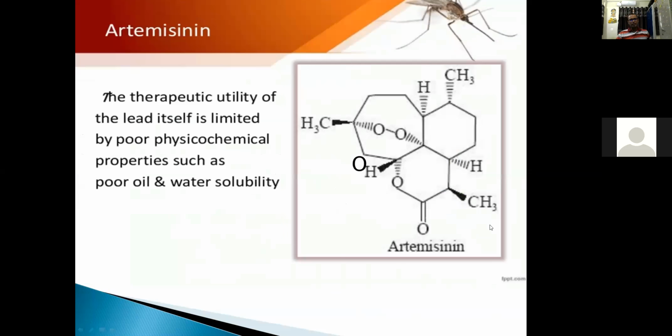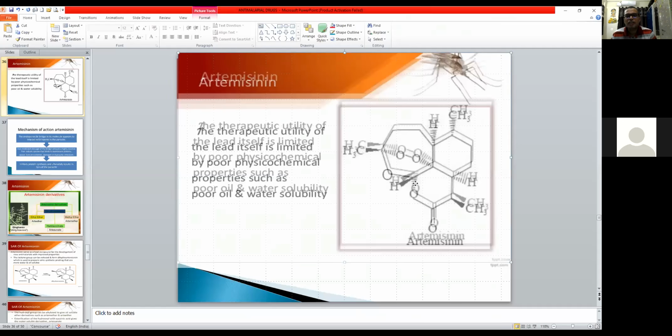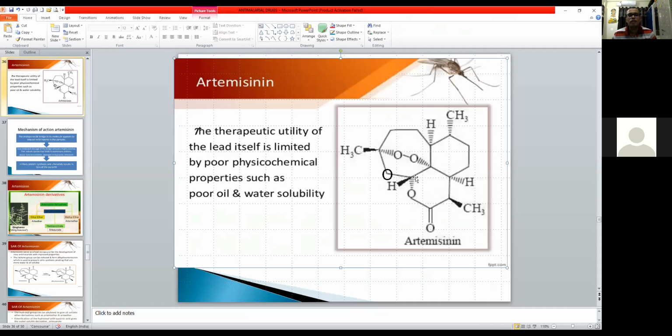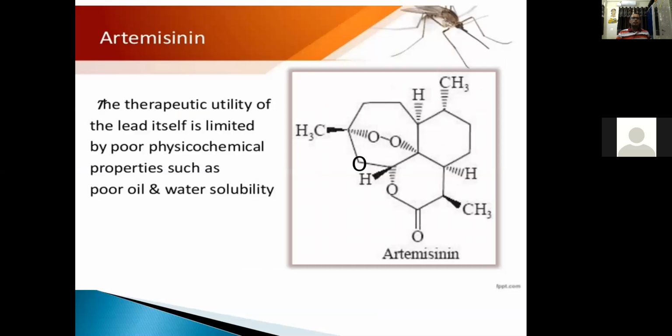So let us see the basic structure of artemisinin. It contains an epoxide linkage and a trioxane moiety.